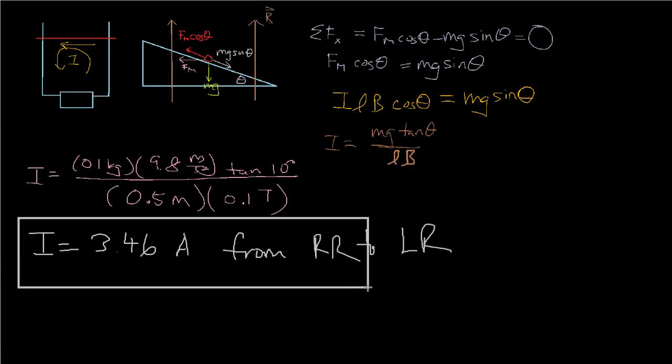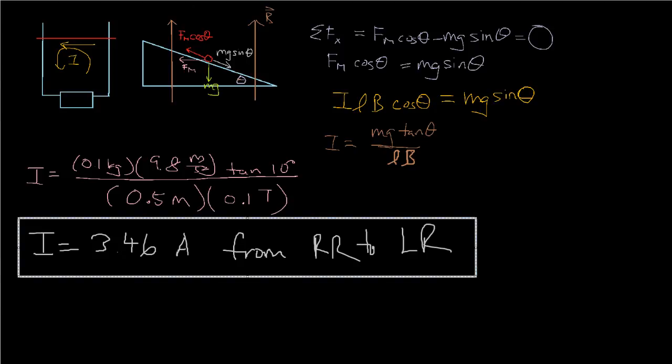Let's make a quick recap. The confusing parts about this problem are that this thing's on an incline, and that the conducting rod completes the circuit. As I forgot to mention, the magnetic fields over here cancel out, and the battery's here, so that doesn't really matter. All that matters is the force right here. To do that, we have to know which way our current is going, and then use the right-hand rule.